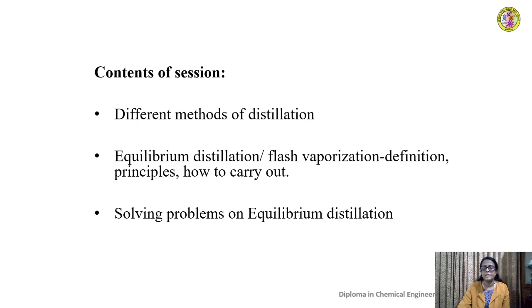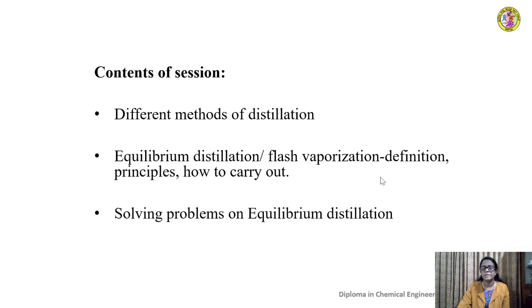So these are the contents which we are taking up today. This is one session where we are discussing the fundamentals of the methods of distillation. First we'll learn what are the different methods of distillation that have been followed in industries. One type of distillation, that is equilibrium distillation, which is also called flash vaporization, will be taken up today.